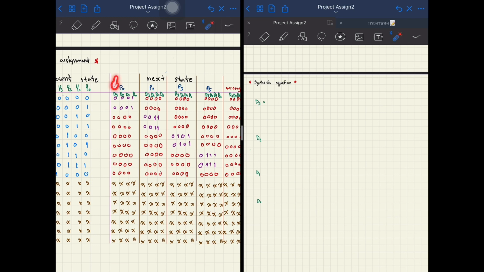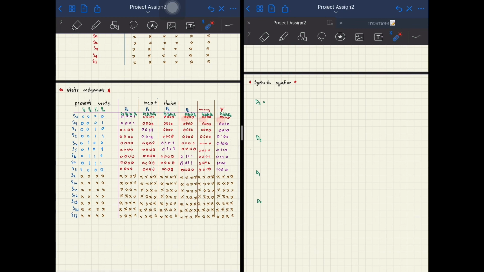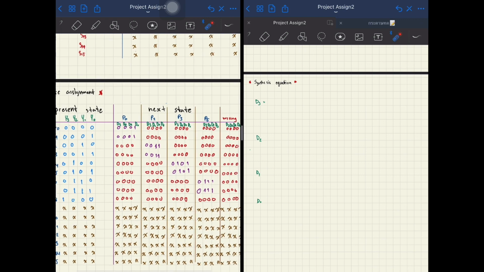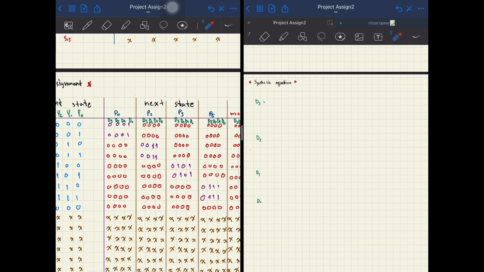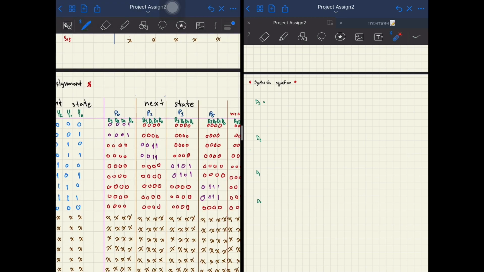So this is D3 and D2, D1, D0 respectively at each bit. And as I told you, from the pre-processing unit, I give P0 as W4, W3 as P2, W1 as P3, W0 as P5.